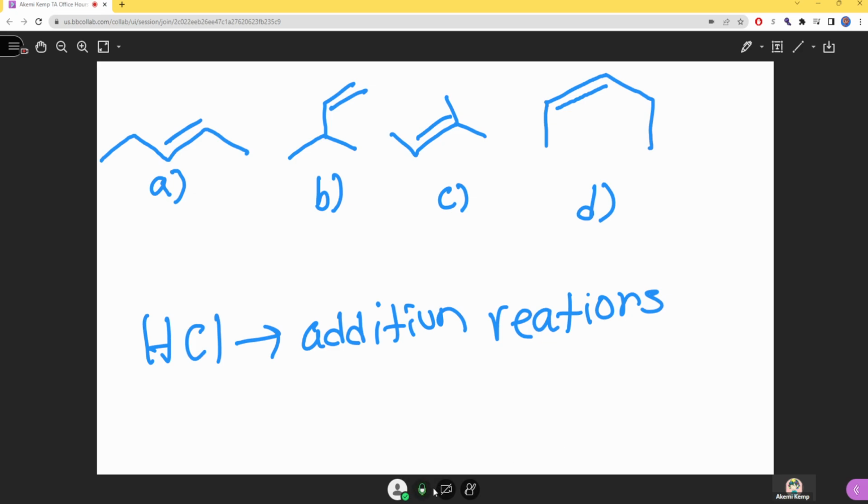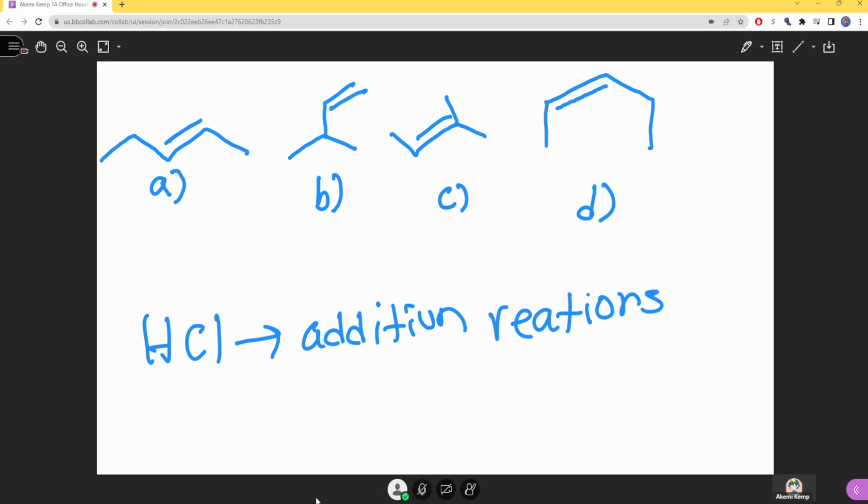And whenever we work with HX, like H and a halogen, in this case HCl, we will always have carbocation rearrangement. So now we're trying to look at the molecule where, when you break the alkene, the carbocation is going to be the most stable.